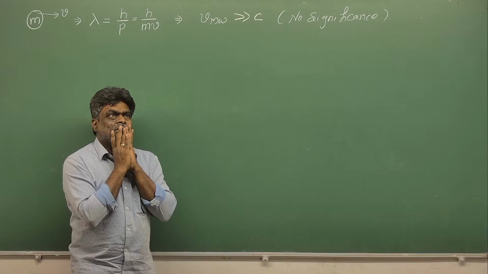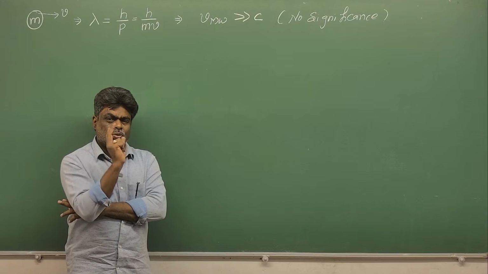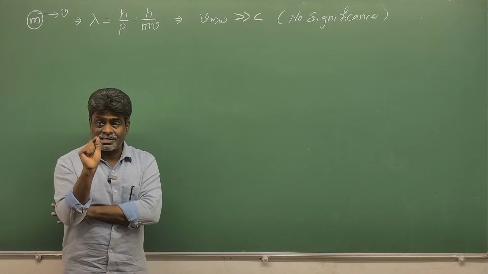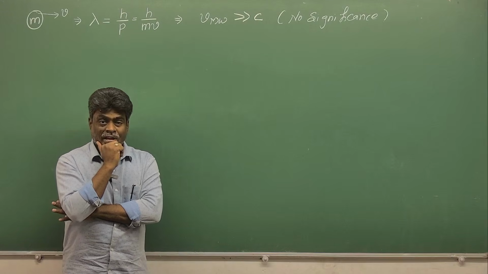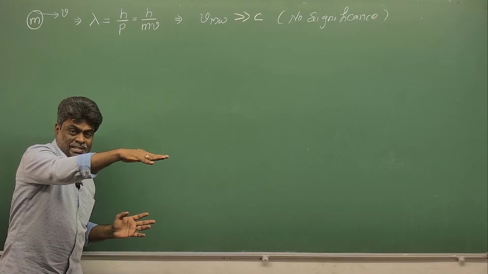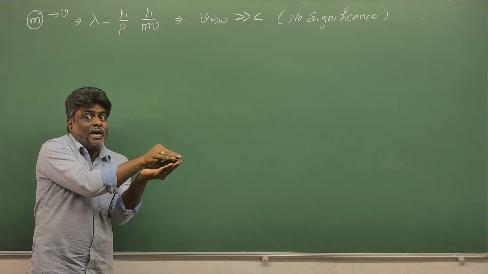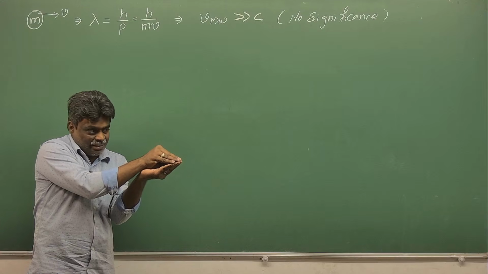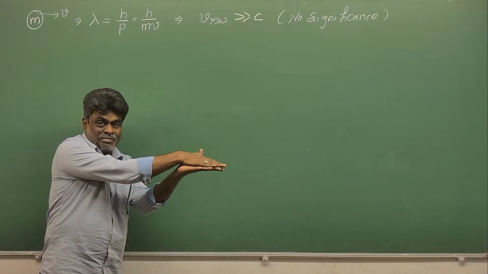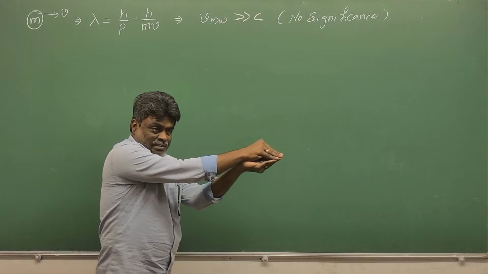Superposition of waves, we have studied, is of two types: one is constructive interference, another is destructive interference. All these waves are moving like this, but they superimpose each other somewhere constructively, with maximum amplitude, and somewhere destructively.